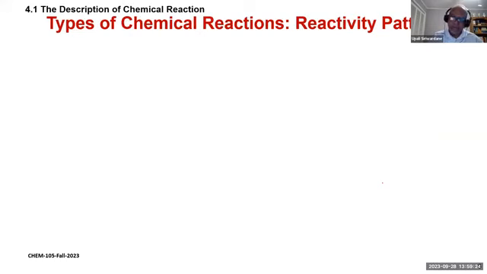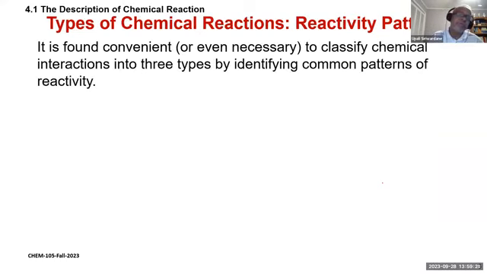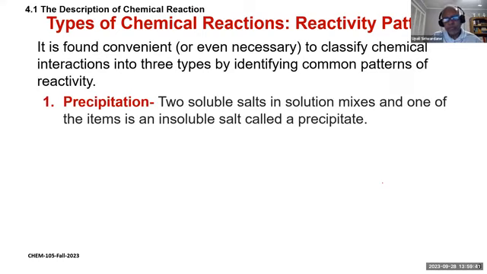Based on reactivity pattern, we already talked about precipitation. Precipitation reactions are when two compounds mix in water solution and produce a precipitate. So you can decide if a precipitation reaction takes place based on the solubility rules.